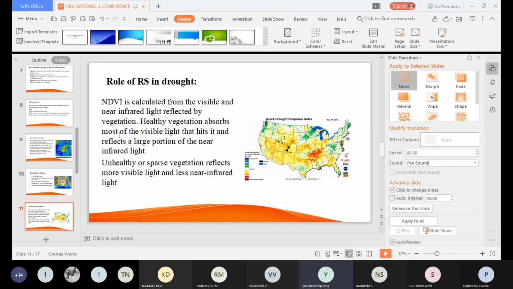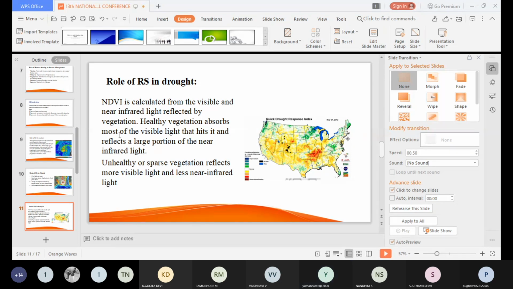We can sense the 2D and 3D objects by the colors. By the colors only we are sensing the condition of the drought, which is high, low, or medium.